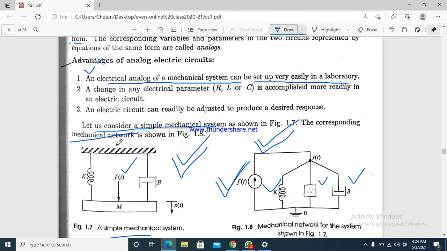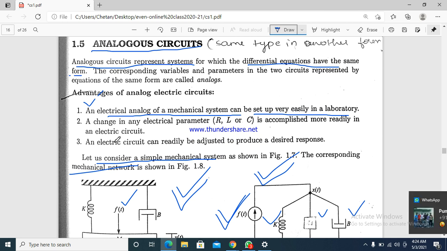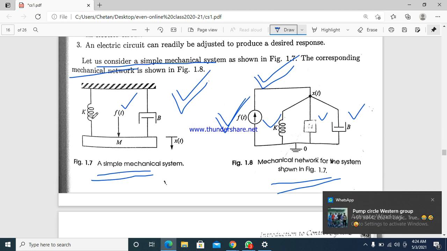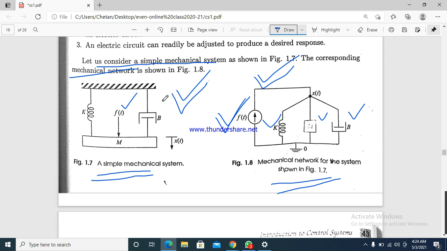Okay, fine. So here in this analogous circuit, as we have seen, whatever this mechanical system is there, you have represented a mechanical system in terms of mechanical network. Here force F of T is represented by like a current source.